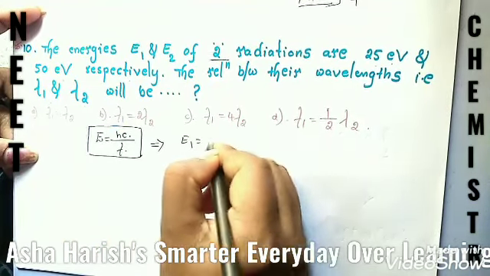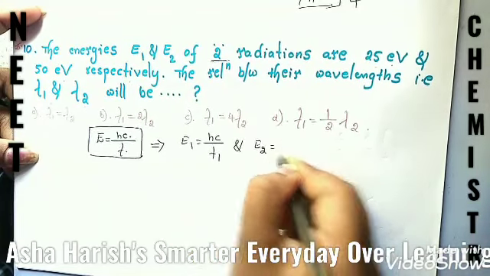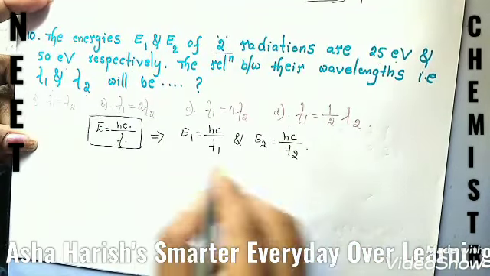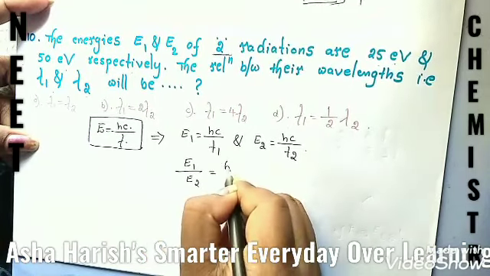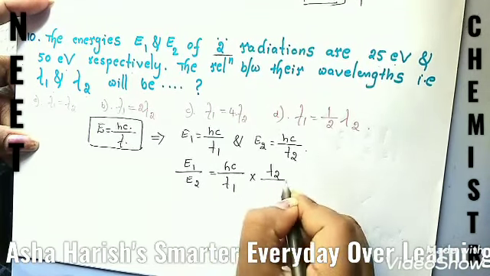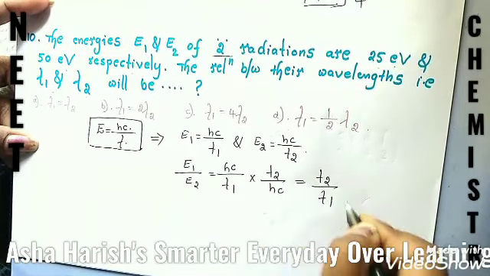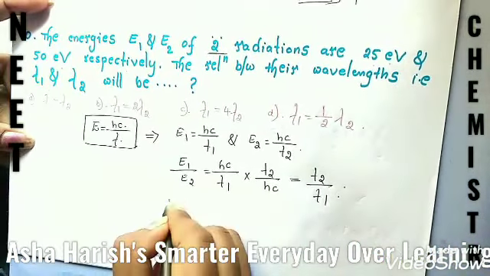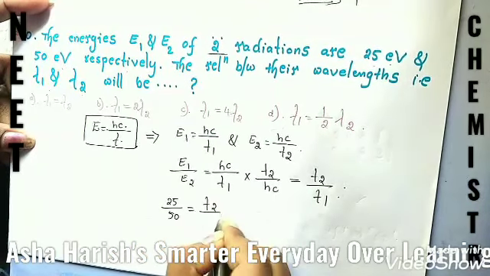Here we have E1, E2 and lambda 1 and lambda 2. That means E1 is equal to hc by lambda 1, and the second equation is E2 is equal to hc by lambda 2. From these two equations we get E1 by E2 is equal to hc by lambda 1 into lambda 2 by hc, which is lambda 2 by lambda 1. Then we can take the values: 25 by 50 is equal to lambda 2 by lambda 1.